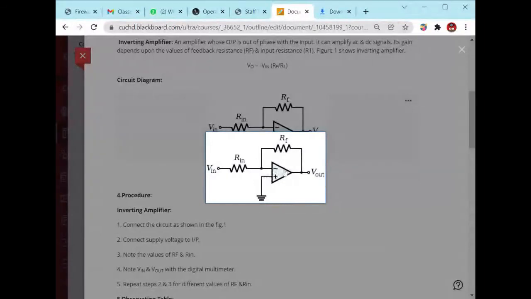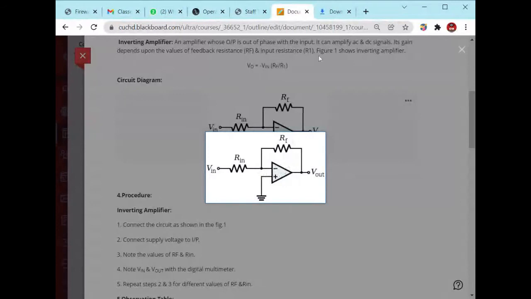Here you have connected the negative terminal to the input, that's why it is called an inverting input. If you connect this input to the positive terminal, it is called a non-inverting input. So the negative sign here represents an inverting input.